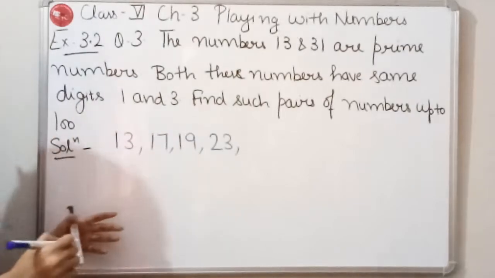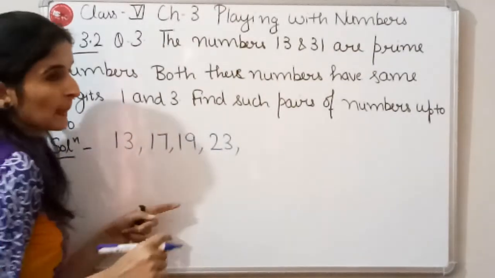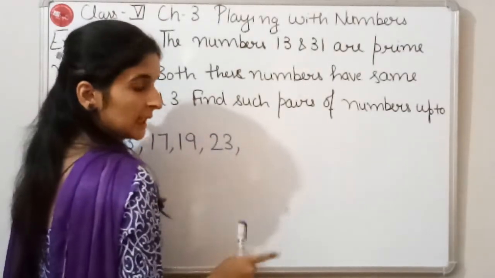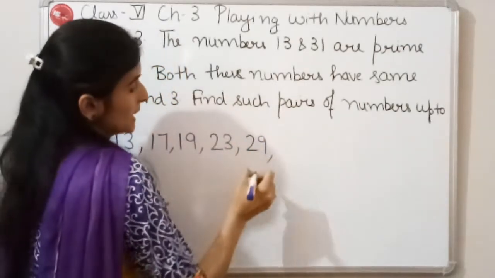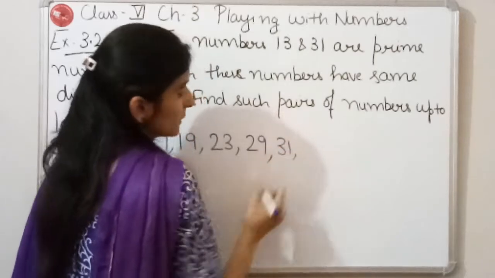After 23, 24, 25, 26, 27, 28, 29 is a prime number. Then 30 is not a prime number. 31 is a prime number.